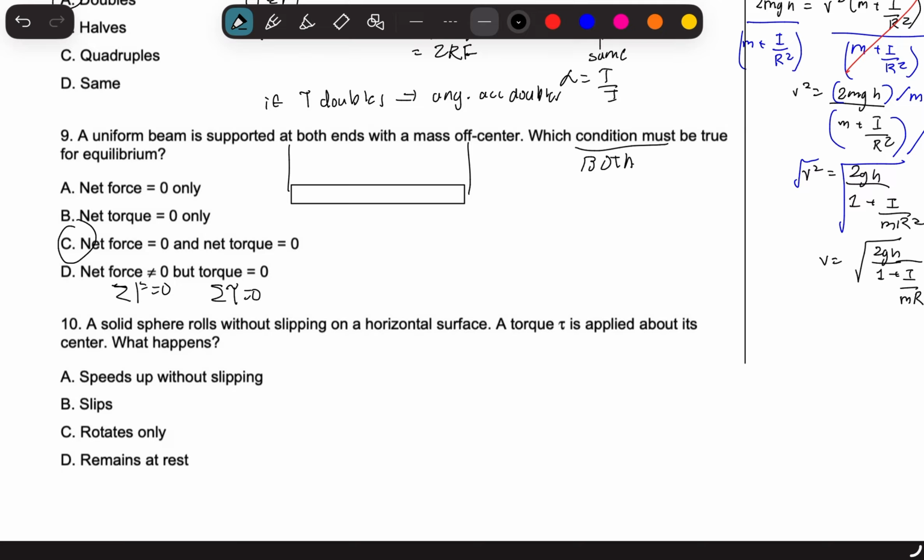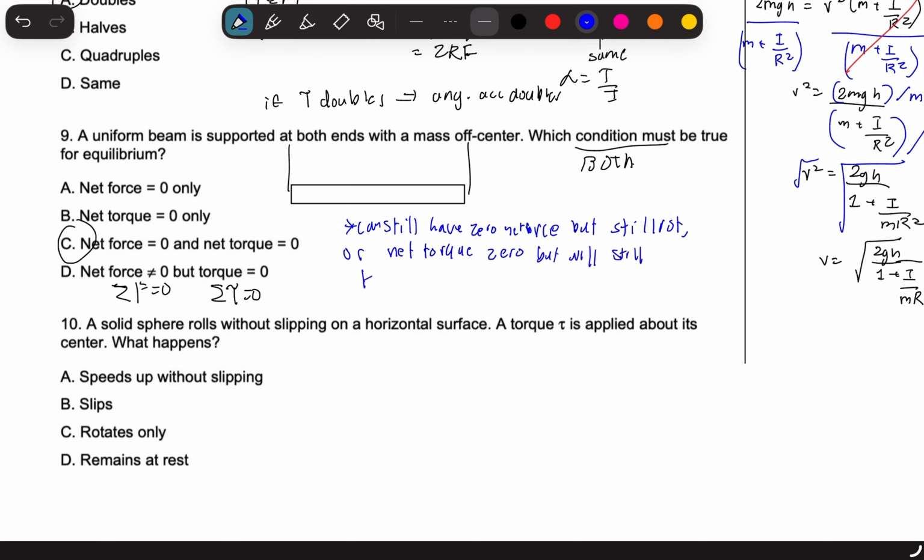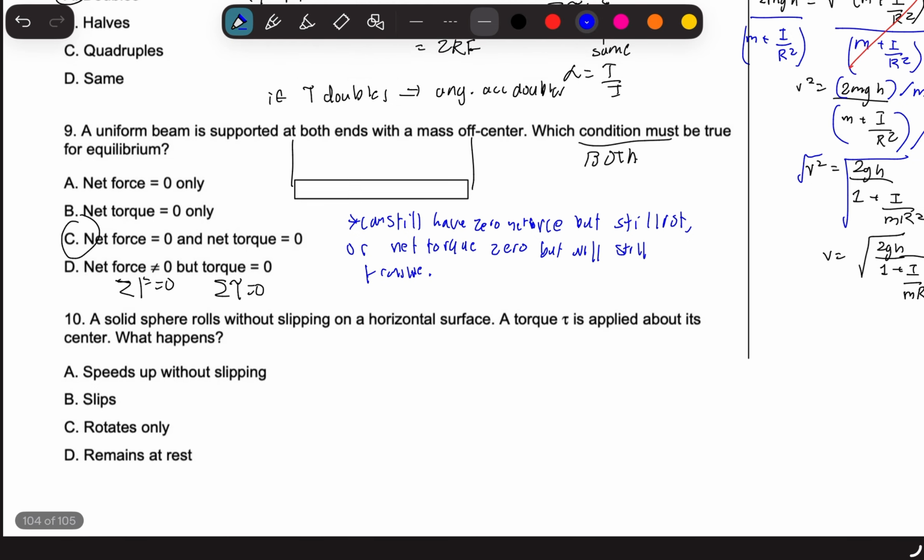So a system can still have 0 net force. And for your last question, it's going to slip.